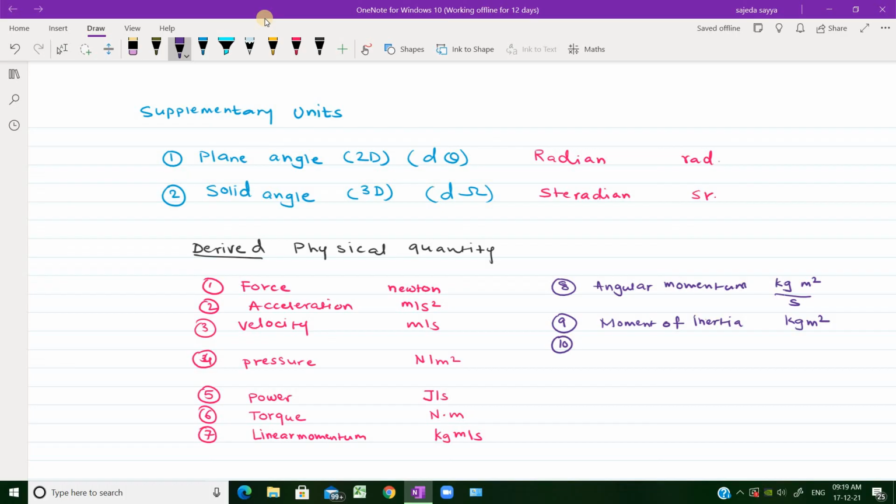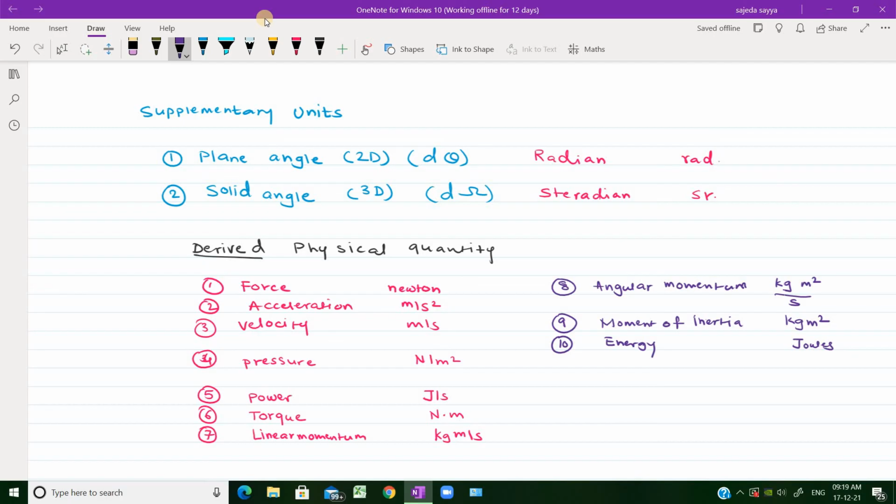Energy, any kind of energy, kinetic, potential, anything, it is in joules. So these are a few of the derived physical quantities and the units used to express them.